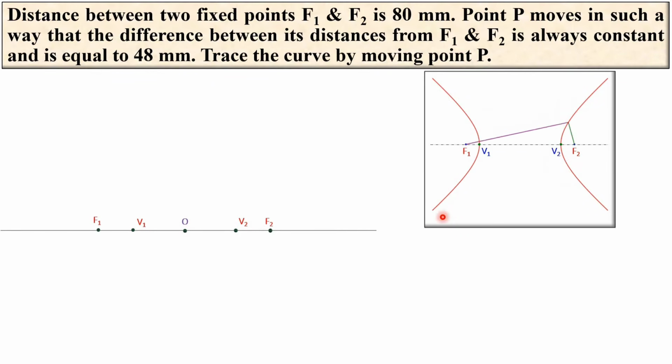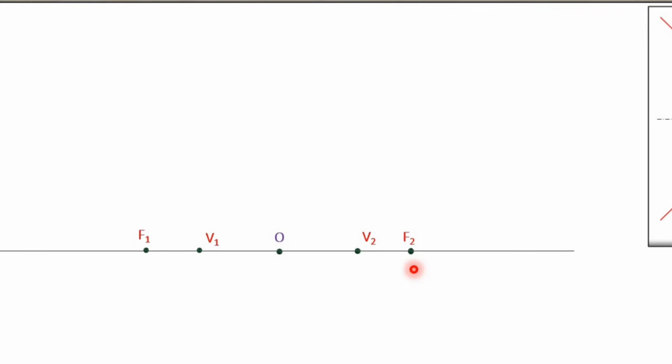Now you have to draw this curve, that is actually traced out by the moving point P. Now you have to take randomly 3 points on the right side of this F2.